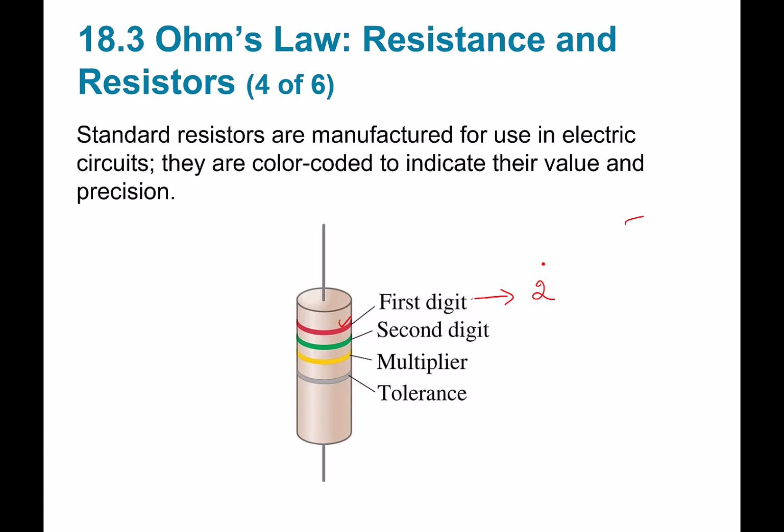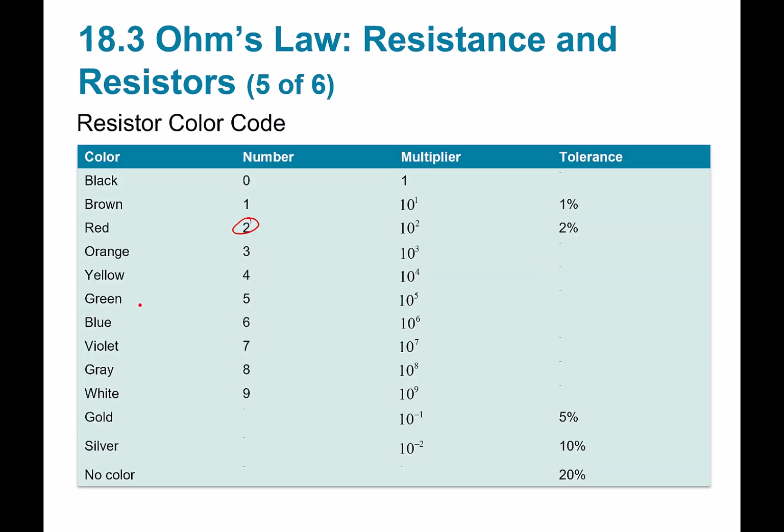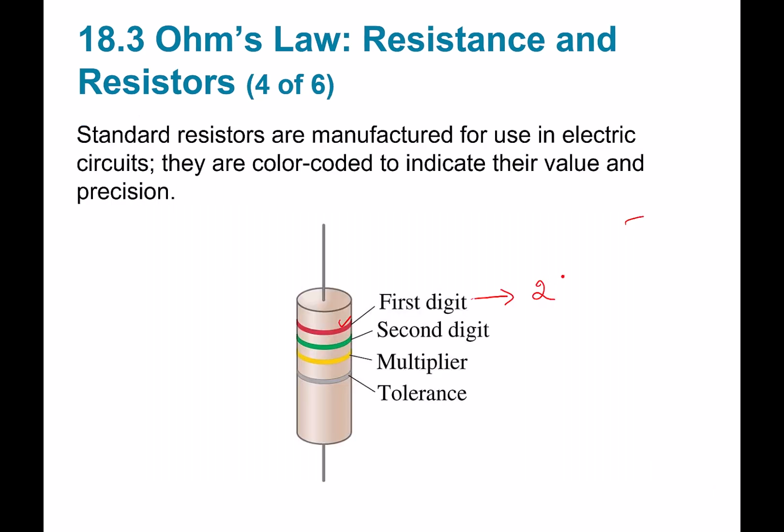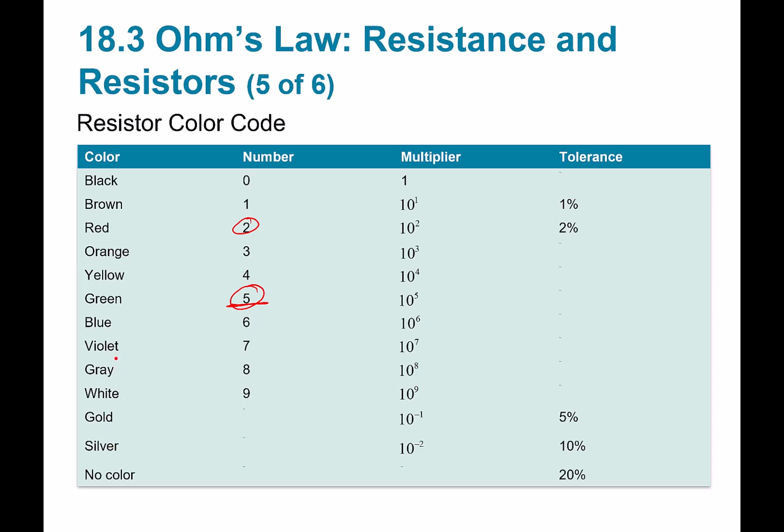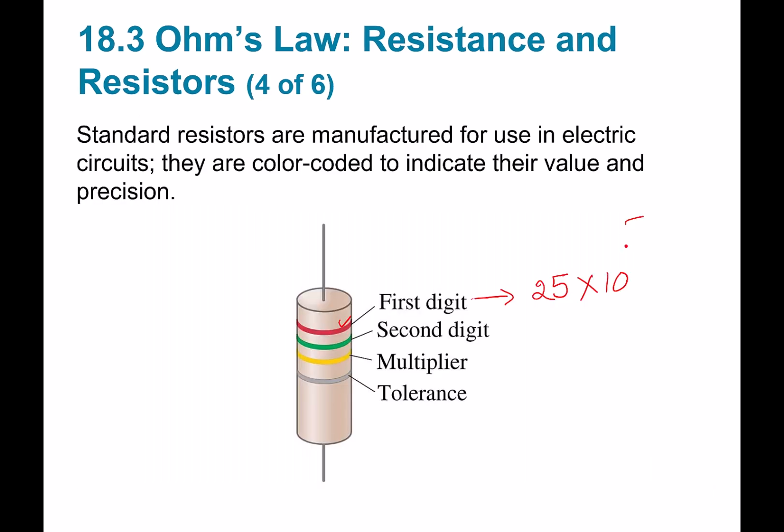The second color is green. On the chart, green is 5. So we write the second digit. The third one is the multiplier, 10 to the power, yellow. Yellow is 4. So we put 10 raised to power 4 over it.